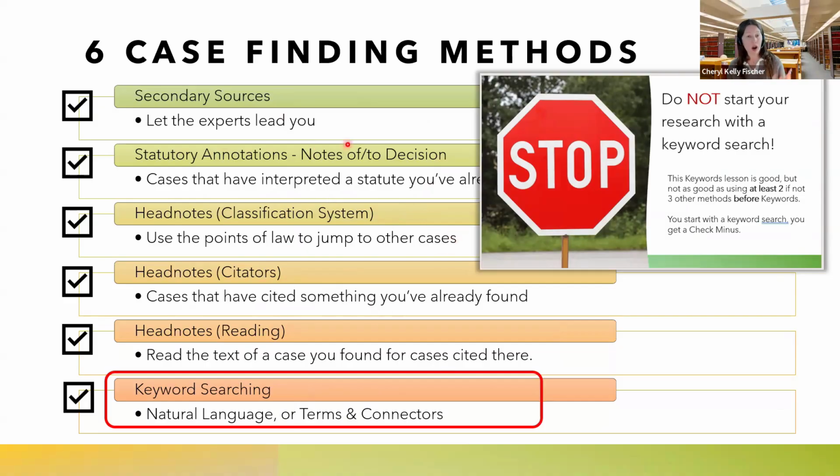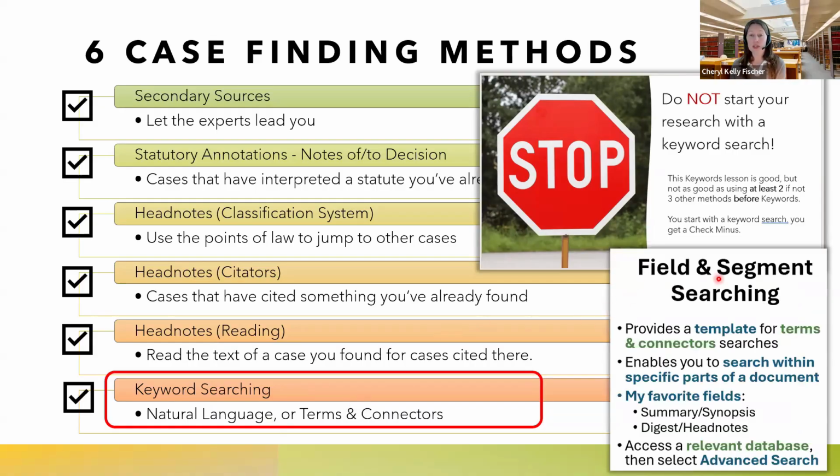So once you are understanding the law, you've done these methods, then you come to this last method to use keywords to locate cases that are combining that law you've learned with the relevant facts that you need based on your facts. And the best way to use the keyword search method is with an advanced search.